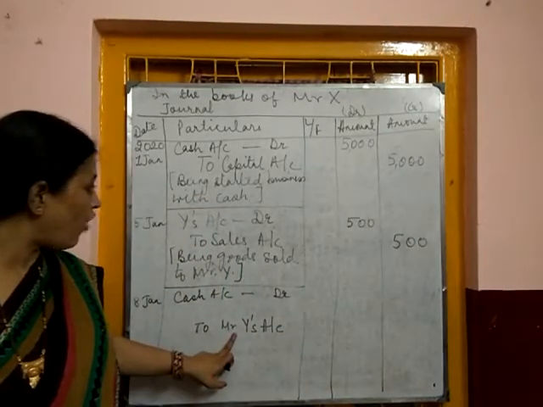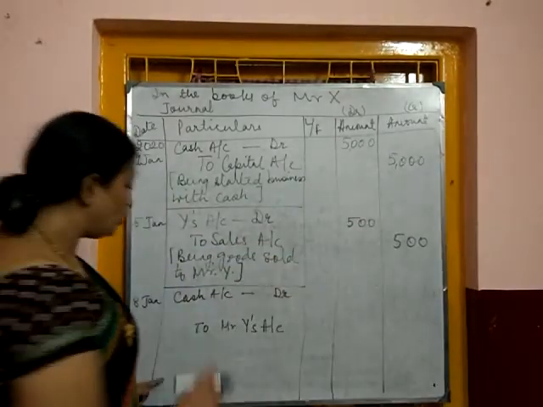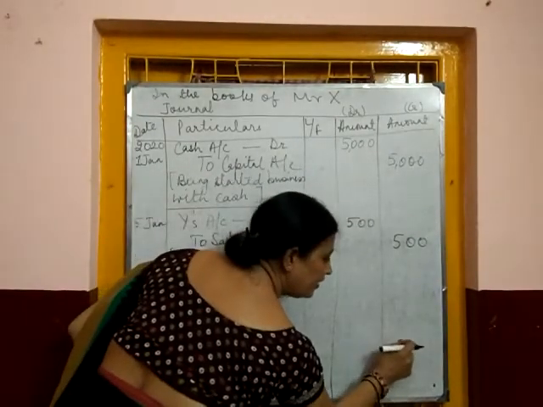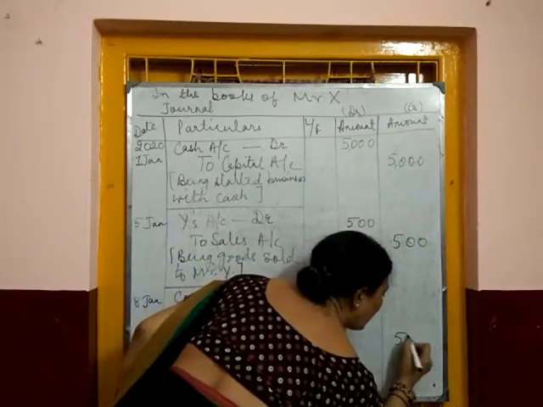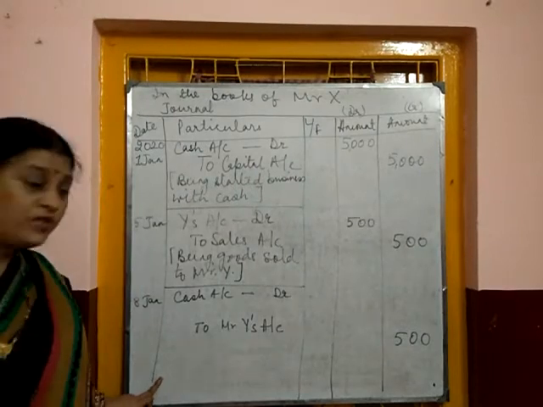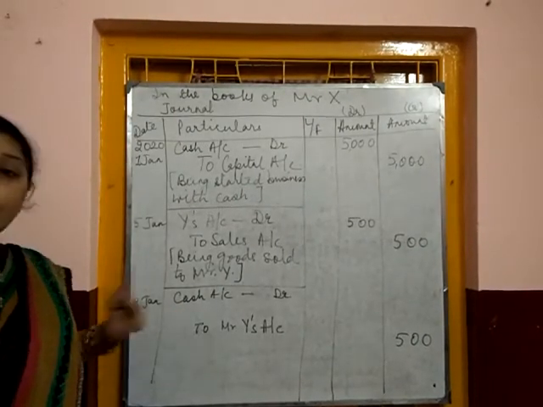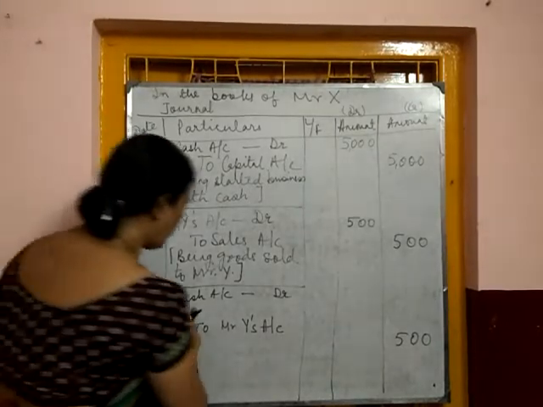From Mr. Y, how much we have to receive? We have to receive 500. So here, in the credit, we will write 500. Clear? But how much are we receiving? We are receiving only 490. So cash is 490.